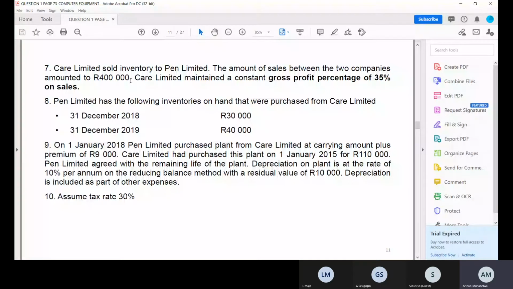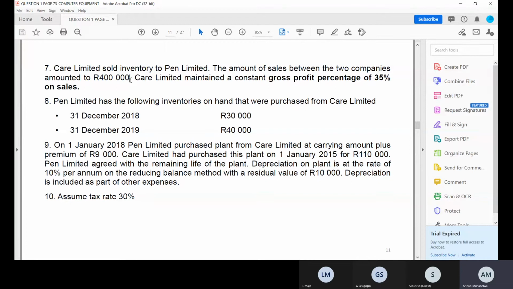When I chose this exercise, I wanted us to deal with the sale of inventory between the two companies. Starting point: the one company got inventory, the other recognized sales. So what are we going to do? We need to reverse that transaction, that sales, because according to consolidation procedures, if there's a transaction between the two companies, it must be eliminated.